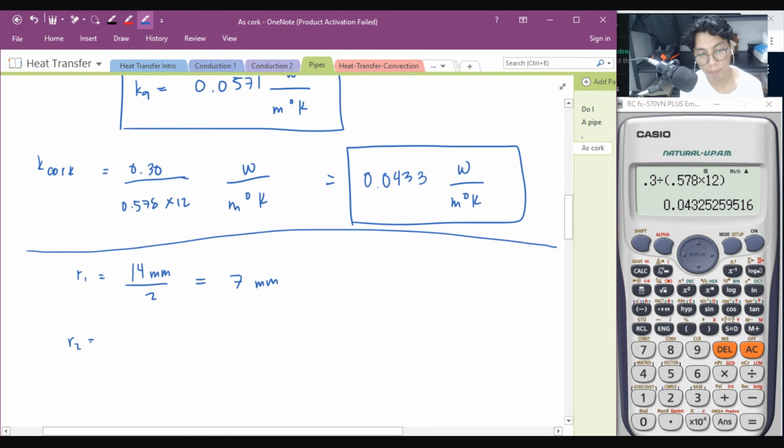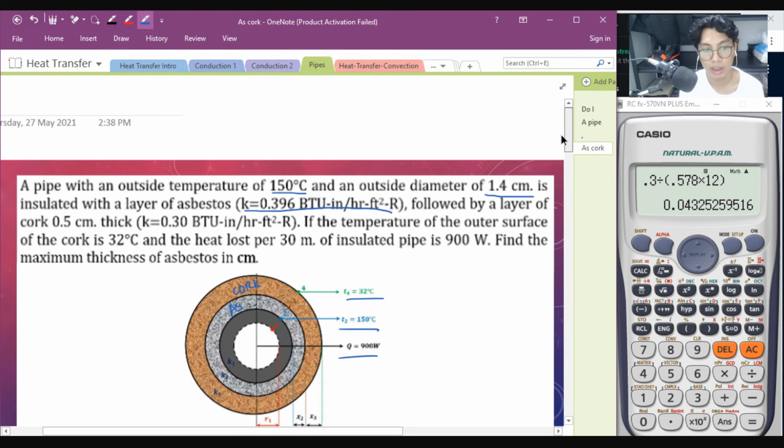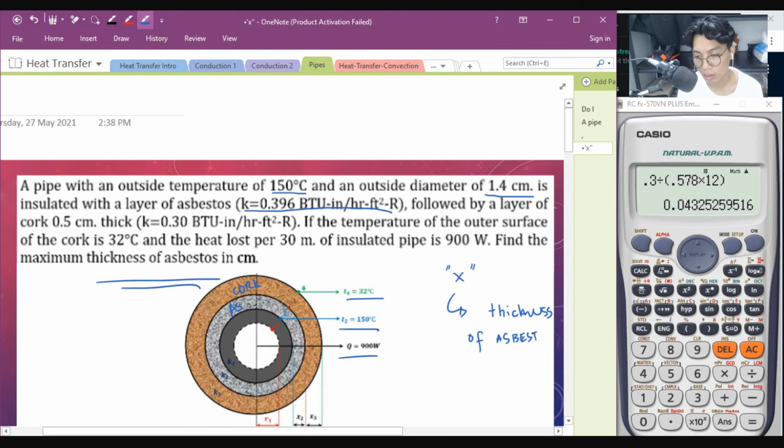R2. That is, in millimeters yung 7 mm plus X. Ano ba hinahanap mo dyan? Yung thickness of the asbestos in cm. Okay? Yung X is thickness ng asbestos.